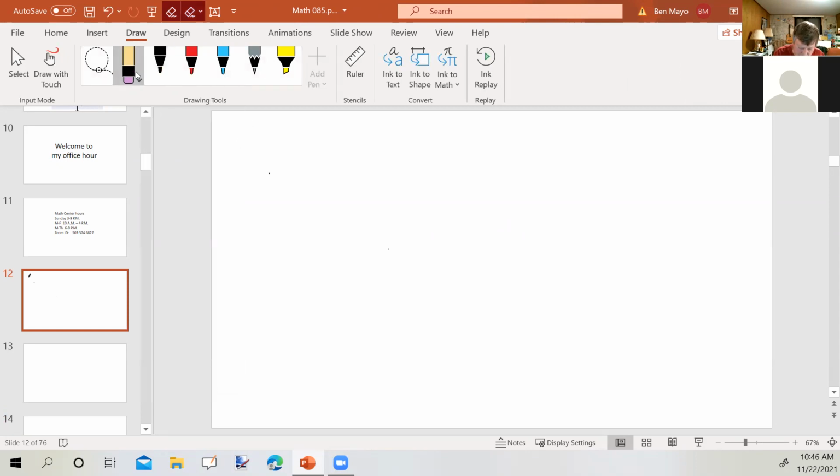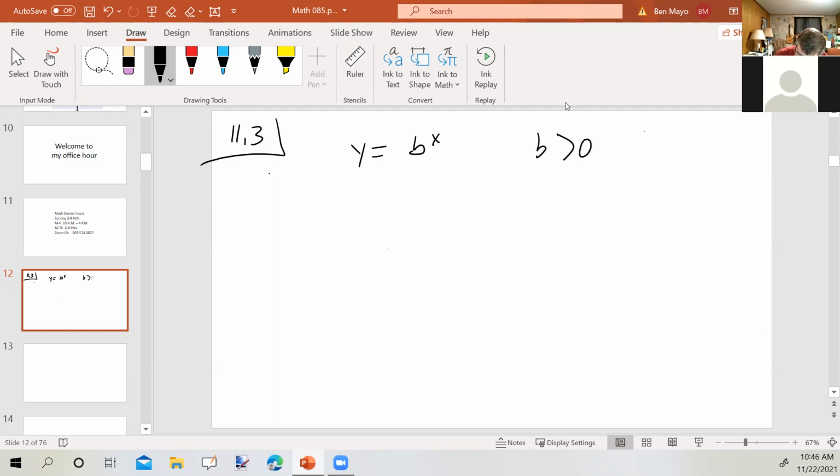Here we go. Okay, let's do a review of what's in chapter 11. We started out in section 11.3, and in 11.3 we looked at graphing exponential functions. They are in the form of y equals b to the x power, and the base has to be greater than 0 but not equal to 1.